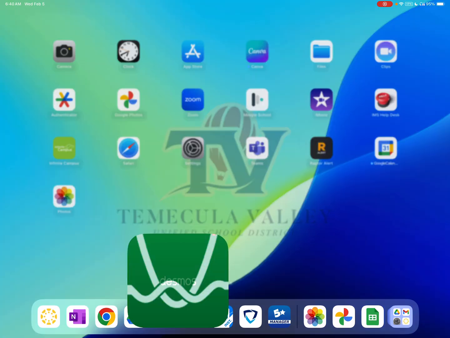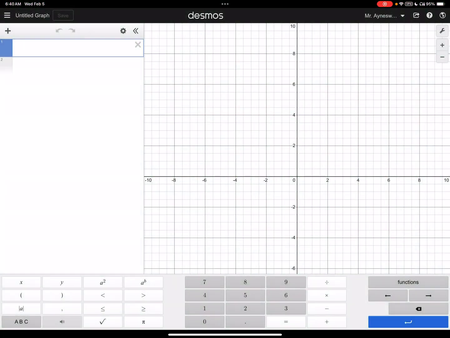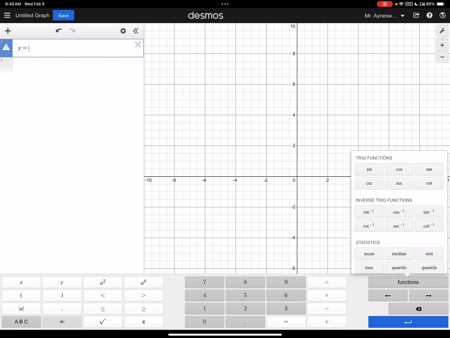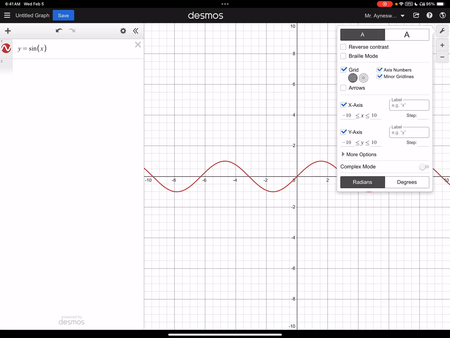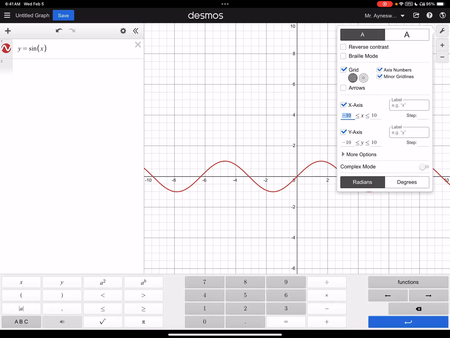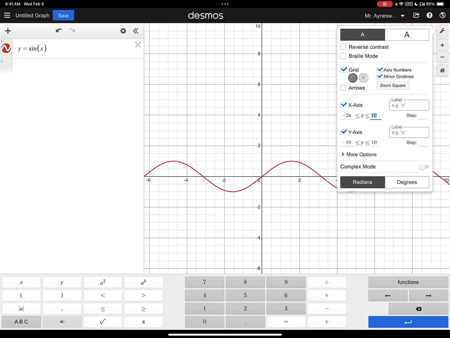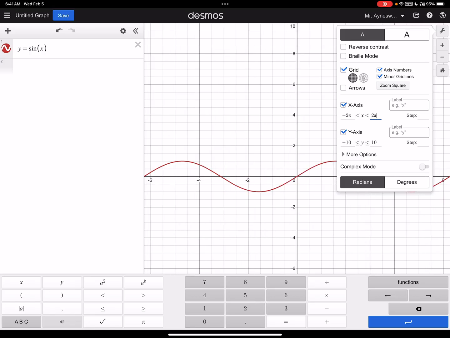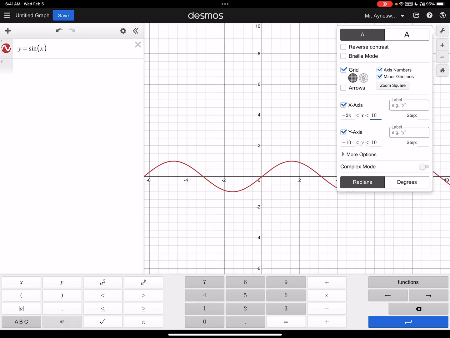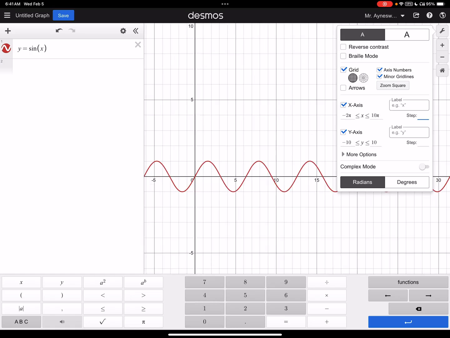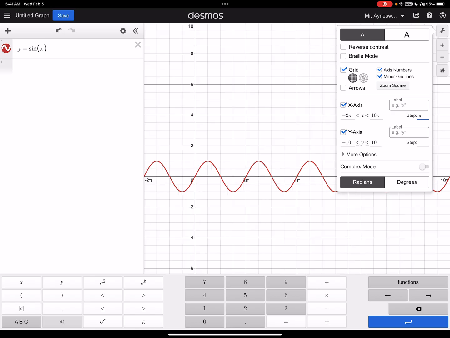Let's go to Desmos real quick and put the numbers in, just so you can see them. I did this in class, but let's do it again. So y equals sine x. Desmos is really cool because you can learn a lot from it. Let's go from negative 2 pi to 10 pi, just so you can see part of the function, and let's do a step of pi divided by 2.